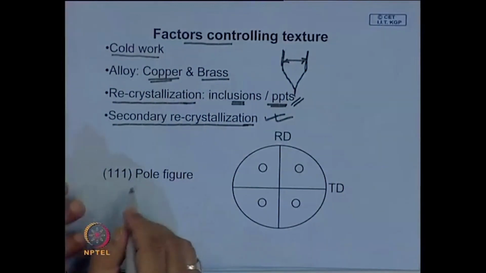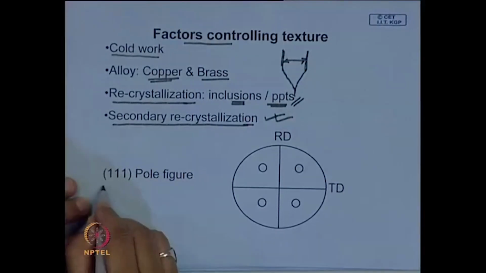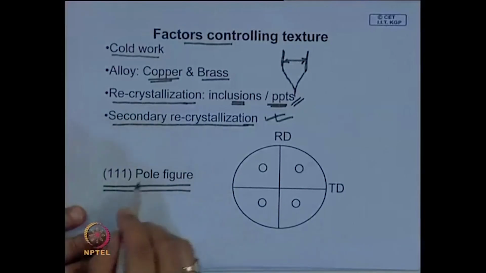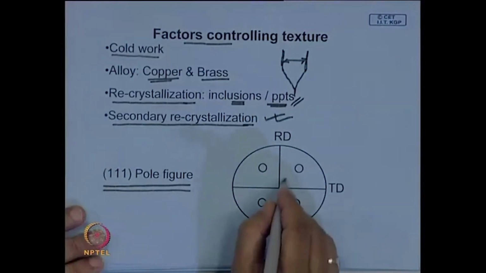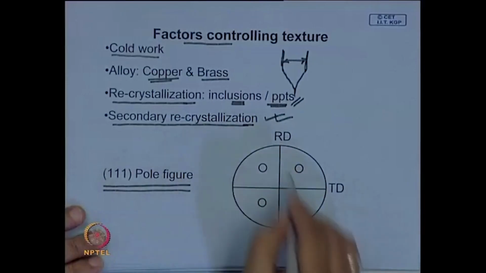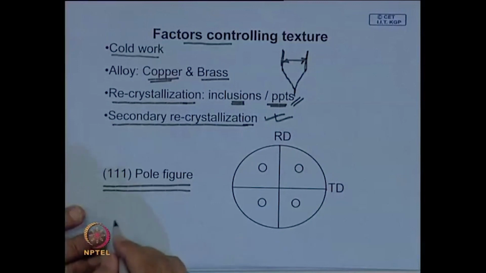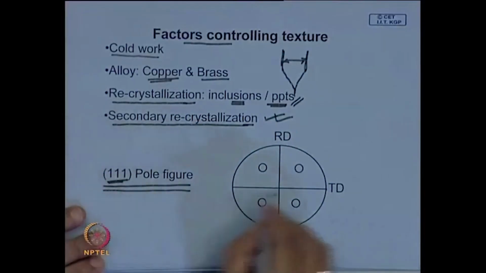Now, the question is how do you represent these preferred orientations, and we did talk about it. The pole figure is used to represent the preferred orientations. Here, what we do is represent it in a kind of stereographic projection. Suppose this is the base circle, this is the rolling direction, this is the transverse direction, and say you have a single crystal and we are trying to plot the 111 pole figure.